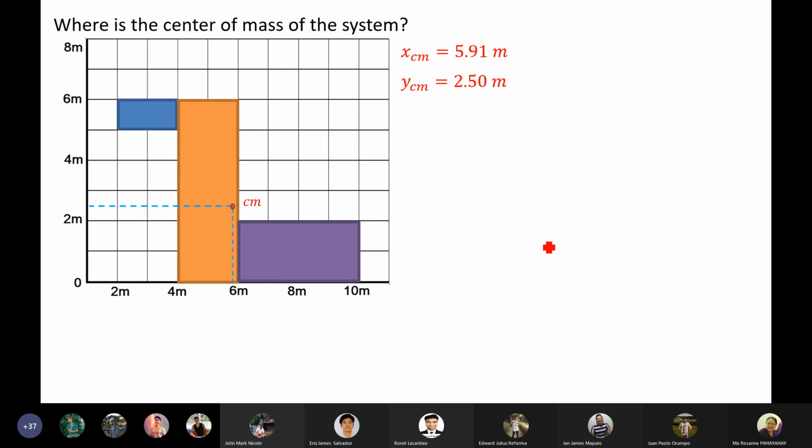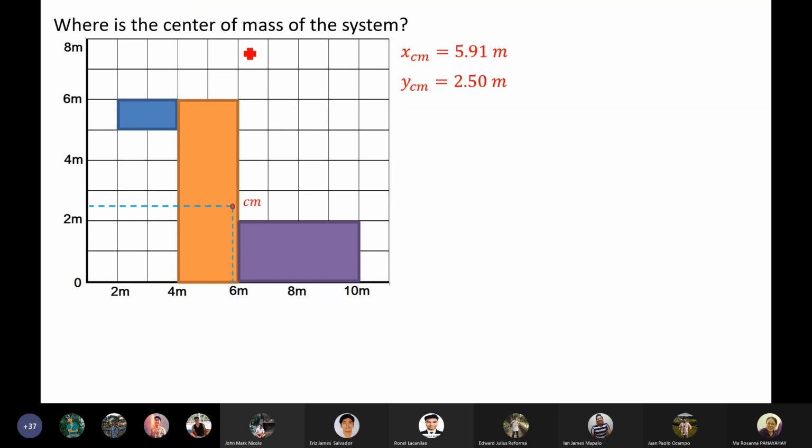Now, ito ay center of mass lang ng isang system. Pag maraming combination nito, alam nyo na yung gagawin. You will just add. For example, maraming ganito yung shape, meron ditong square, meron ditong circle, and so on.